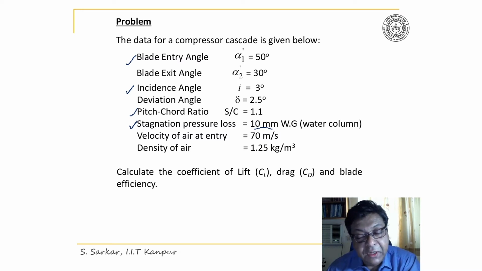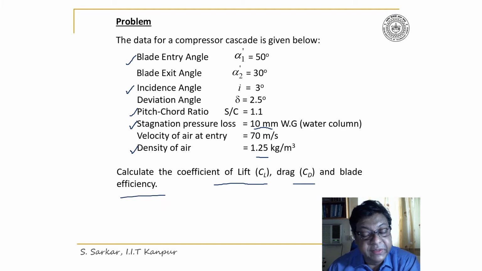You'll have to convert it to meter of air. Velocity of air at entry is 70 meter per second. Air density is stated as 1.25 kg per meter cube. Calculate lift coefficient, drag, and the blade efficiency, eta B.